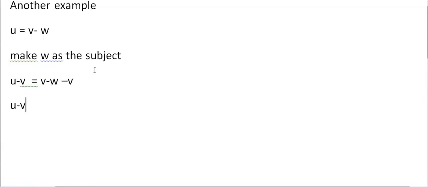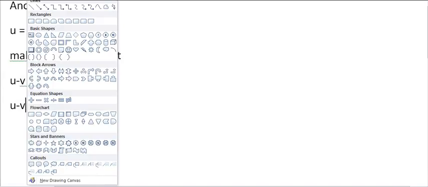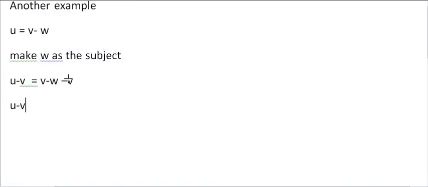Positive v and negative v get cancelled, and you get u minus v equal to negative w. This is negative w.